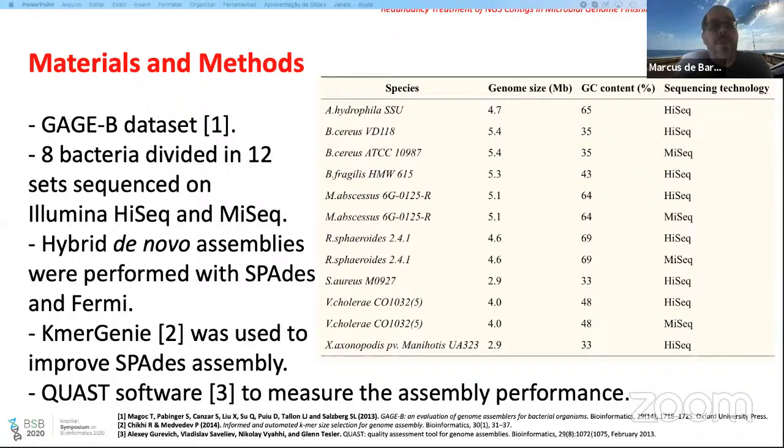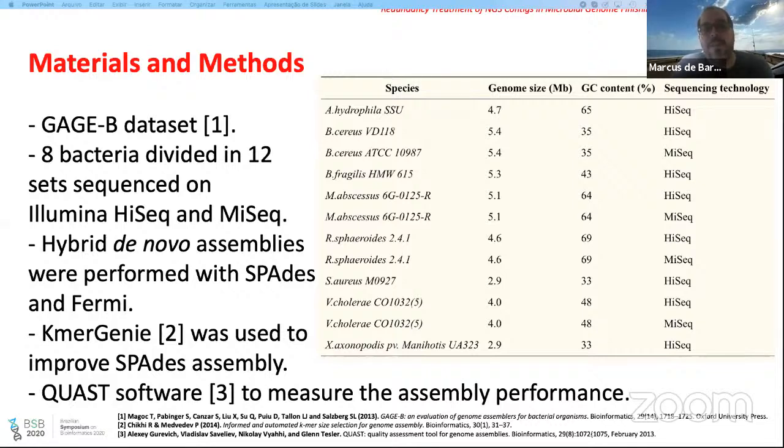Well, in this experiment, we performed hybrid de novo assemblies with two assemblers. One is SPAdes, that is a de Bruijn graph assembler tool, and Fermi, that is an OLC assembler tool, overlap layout consensus.